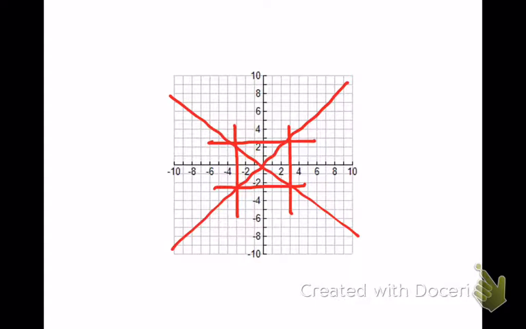And the foci are at 4 and negative 4. So I plot those 2 points. And then I draw in my hyperbola. Remember, it doesn't go through the foci. It touches the central box. There's my graph. Any questions on that one?